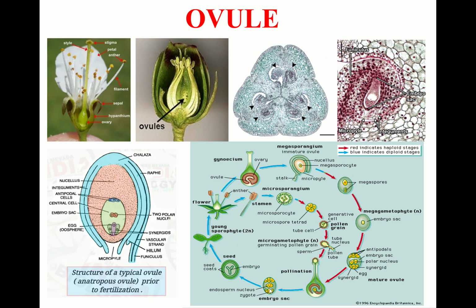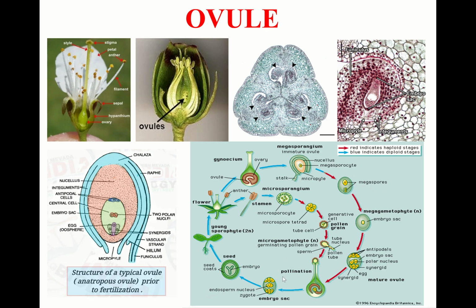So the one which fuses with the polar nuclei forms the endosperm, which is triploid in nature, and the one which fuses with the egg cell forms a zygote, which forms the embryo.